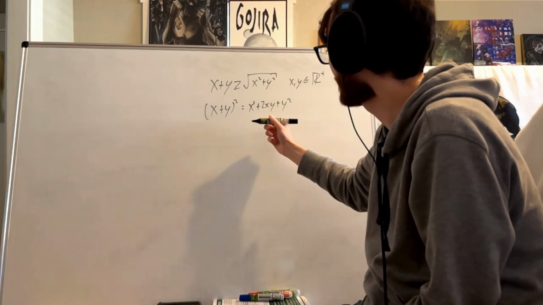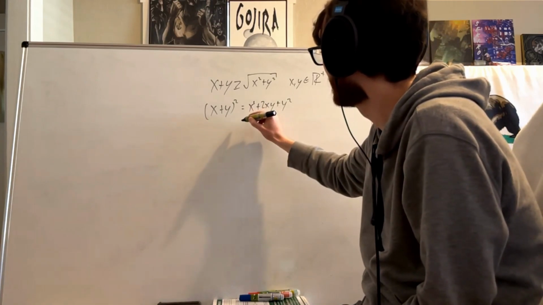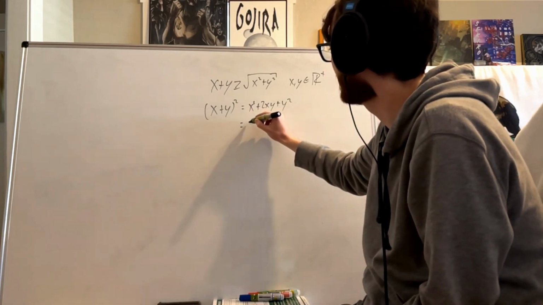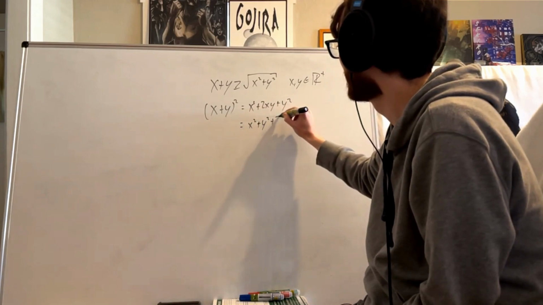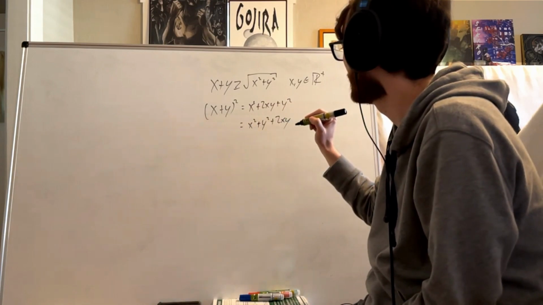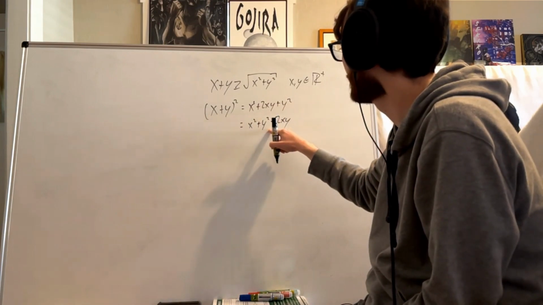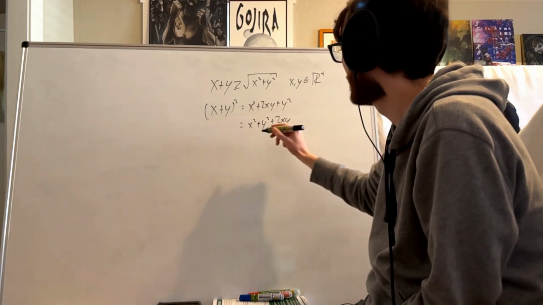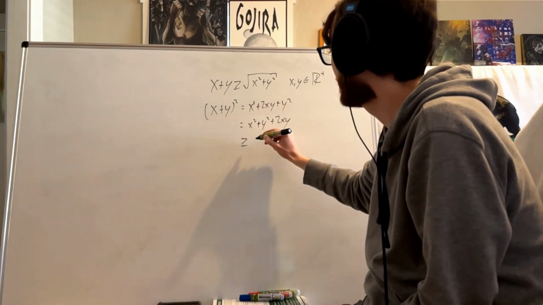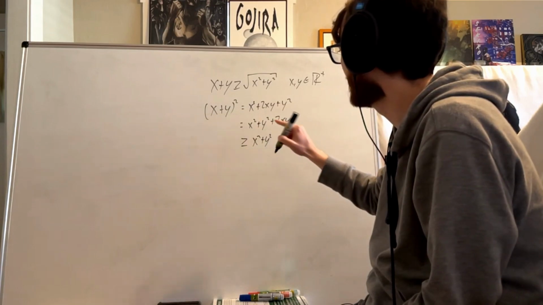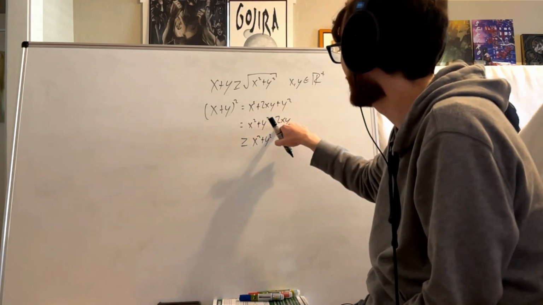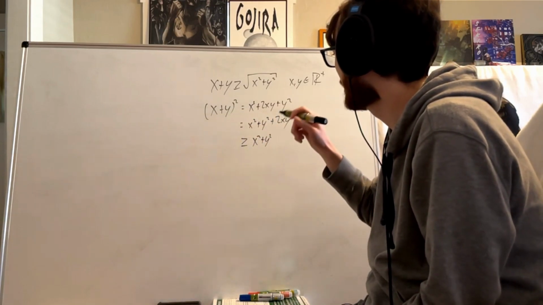Actually, I think it might follow the same structure as the last one. Could we group the x squared and the y squared together? Since we're working with positive numbers, we know that it's greater than or equal to x squared plus y squared, because 2xy is going to make this entire thing bigger, so if we take it away, we've made it smaller.